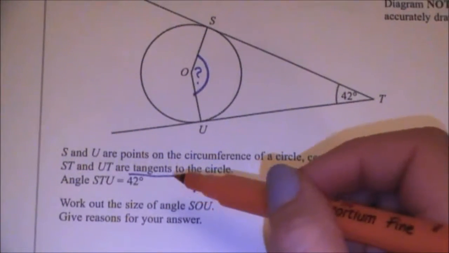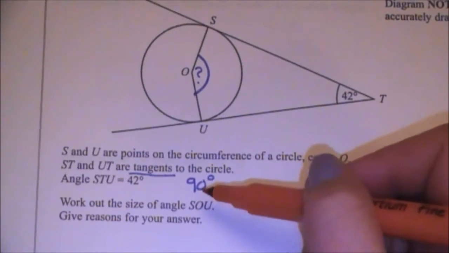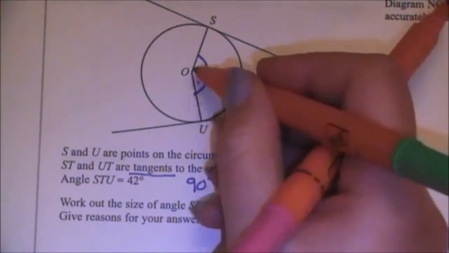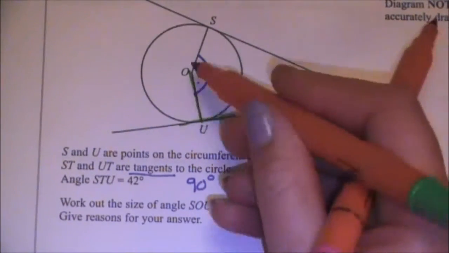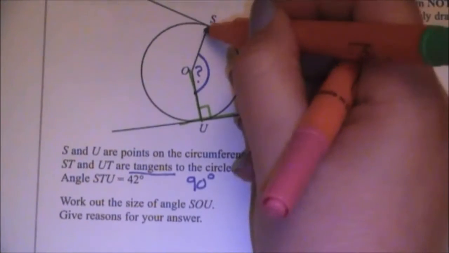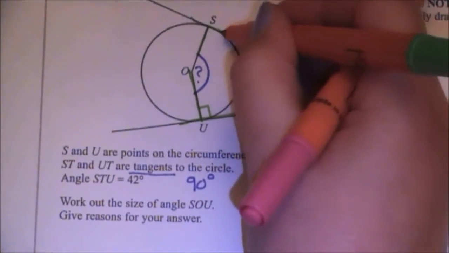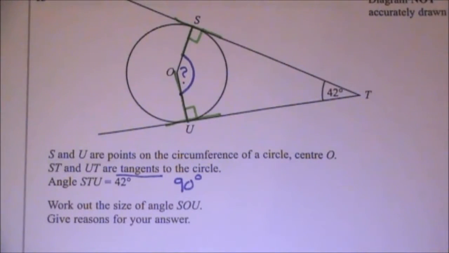to answer if you did not know that a tangent is 90 degrees whenever it meets the radius of a circle. So that's where the tangent meets the radius. That's 90 degrees. Here we have another radius, and there's a tangent, so that's also 90 degrees.